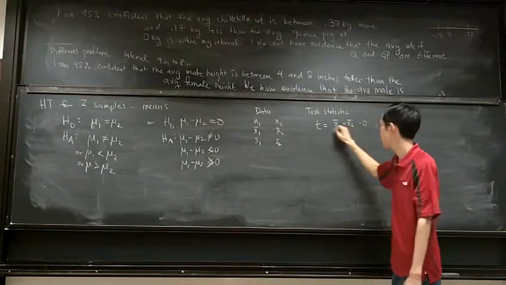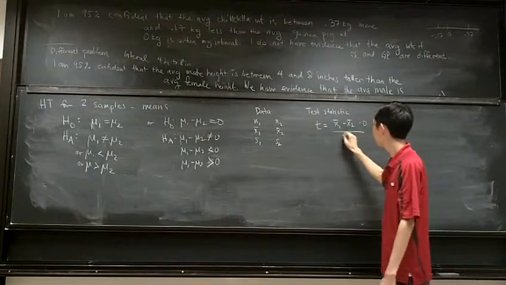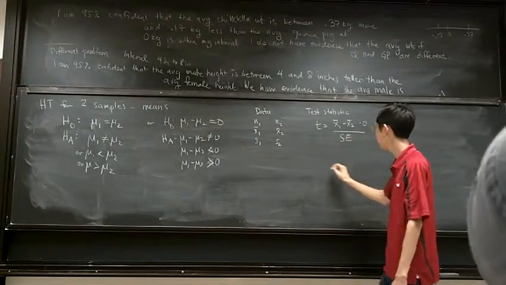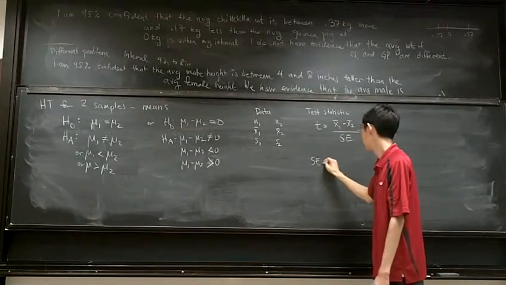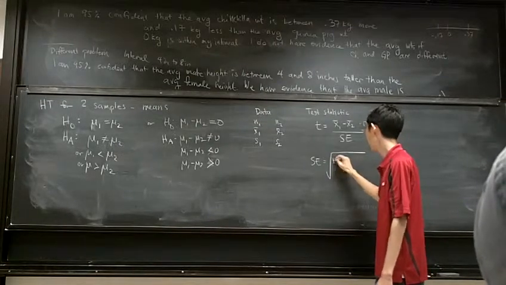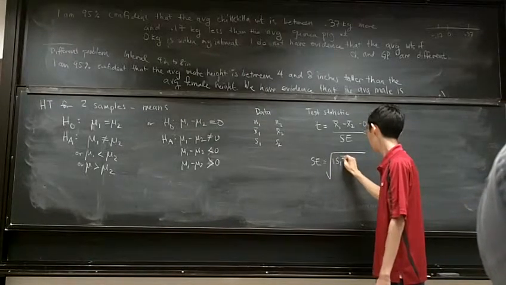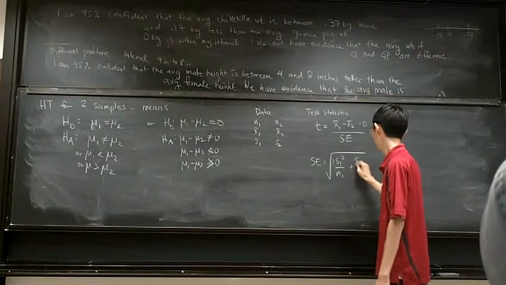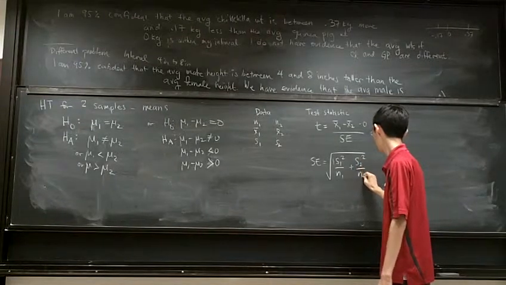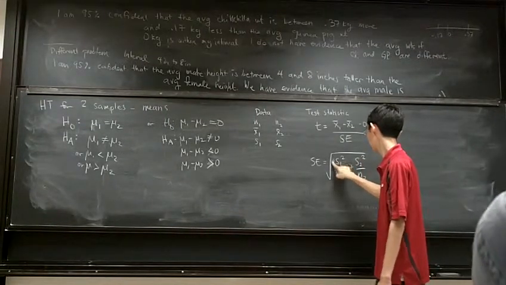Technically there's a minus 0, but we can ignore that quite often. Divided by the standard error. And our standard error is what we had before: s1 squared over n1 plus s2 squared over n2.